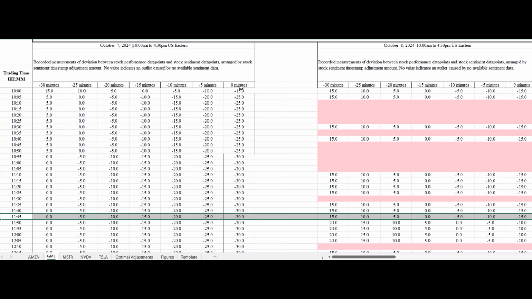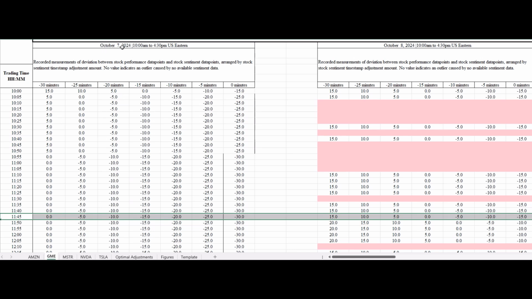With 0 minutes of adjustment, we observed a 30-minute offset. And as we make adjustments, we see that the offset decreases down to 0 minutes of offset when we apply a 30-minute adjustment.